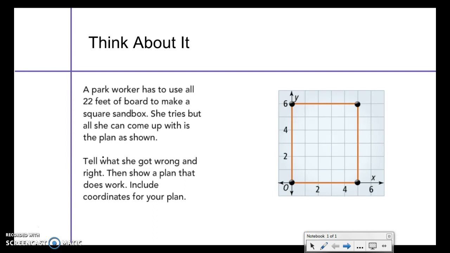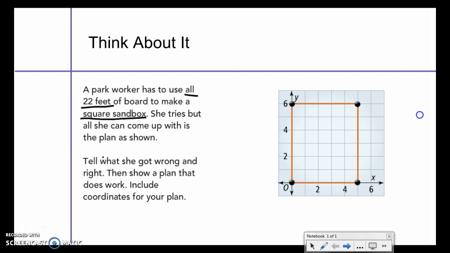So some important words we see in this first sentence: she has to use all 22 feet of board to make a square sandbox. She tries, but all she can come up with is this plan as shown. Tell what she got wrong and right, and then show a plan that does work. Include coordinates for your plan.